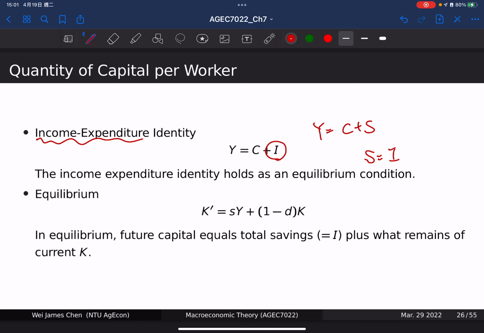So since saving equals investment, I can write k prime equals sy plus (1 minus d) times k. This used to be investment, but investment is just saving, right? And saving is just s times y.